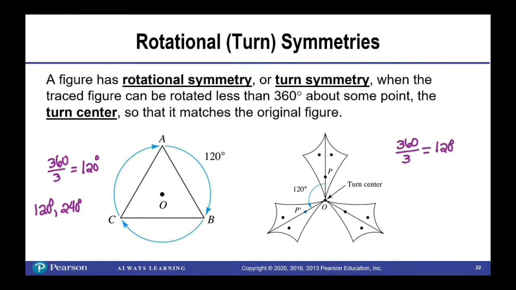We have 360 degrees divided by 3 different leaves, which gives us 120 degrees. So if I rotate this figure 120 degrees, my figure looks the same. If I rotate it another 120 degrees, a multiple of 120, 240, my figure looks the same. And if I rotate another 120 degrees, my figure is back to my starting point.